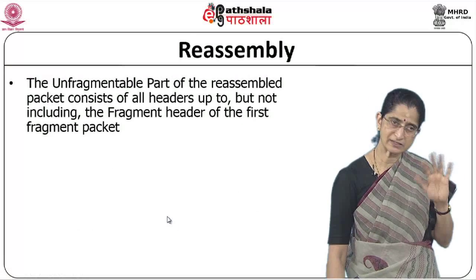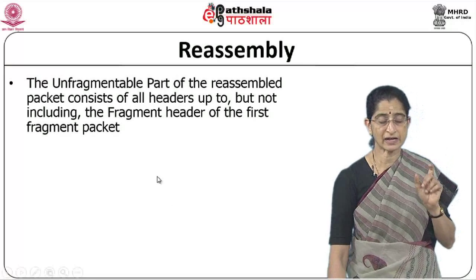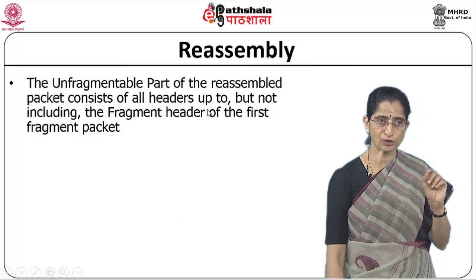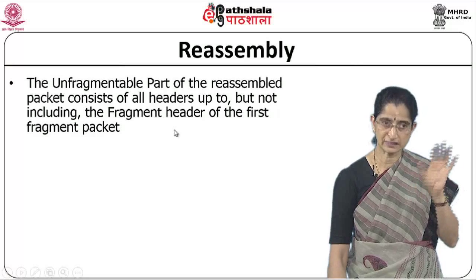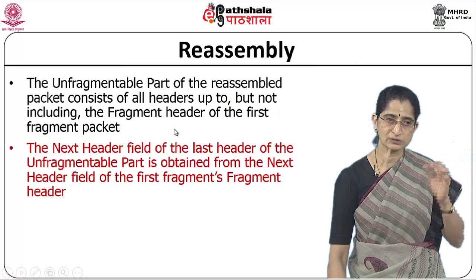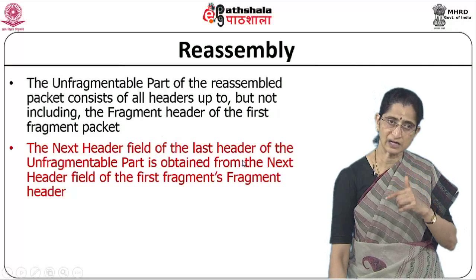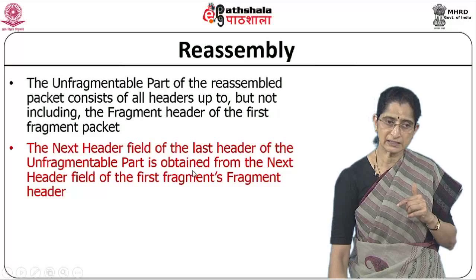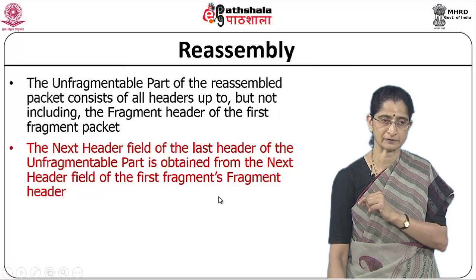And reassembly gets done only at the destination. The unfragmentable part of the reassembled packet, which will consist of all headers up to but not including the fragment header, right, that is the unfragmentable part, okay. That is taken, and the next header field of the last header of the unfragmentable part is obtained from the next header field of the first fragment's fragment header, okay.